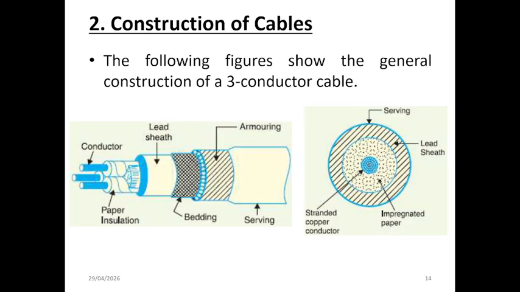Okay, this slide introduces the construction of underground cables, especially focusing on the general structure of a three-conductor cable. The accompanying figures illustrate how such a cable is built with multiple layers, each serving a specific function such as current conduction, electrical insulation, and mechanical protection.